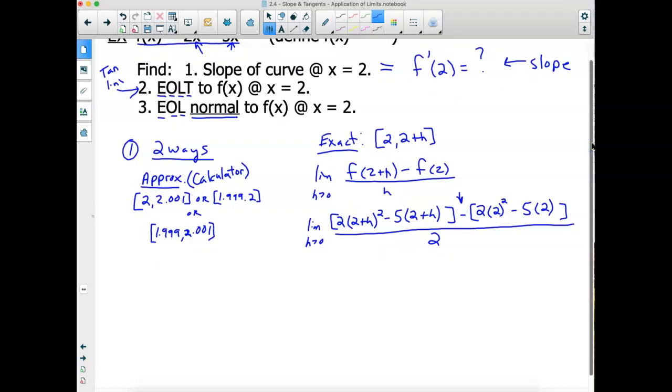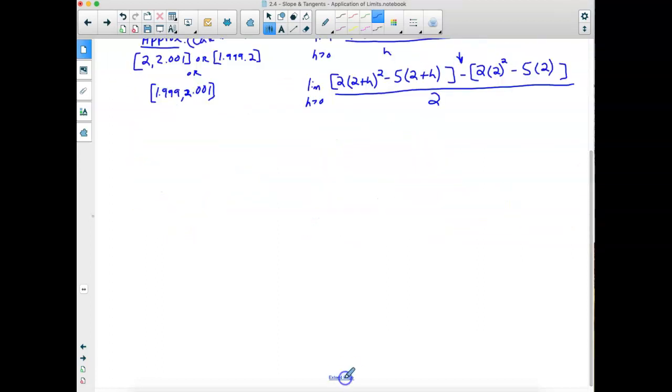So that's the first thing we're going to do, we're going to find our slope. And I'm going to extend my line. Like I said, I'm typically going to come up here and expand this. So I know the first term is 4, squared plus 2 times 2 times h gives me 4h plus h squared. Then I got to distribute that 2 to everything yet.